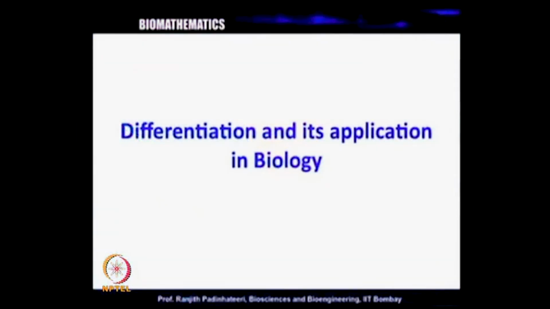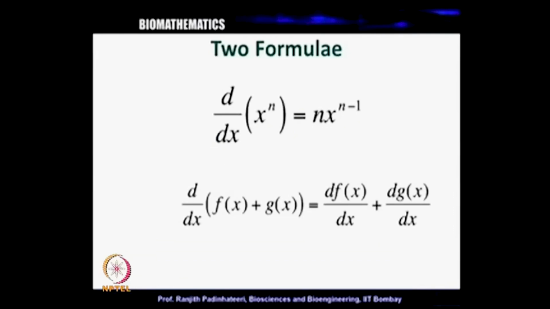So, let us start. The title of today's lecture is Differentiation and its application in biology. Last time we learned two formulae. The first is that d by dx of x power n is equal to n x power n minus 1.